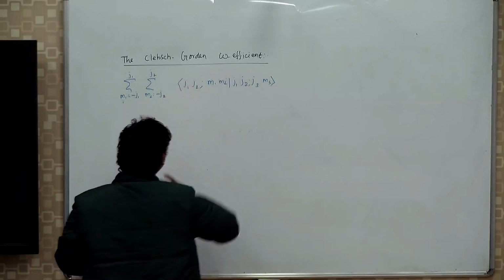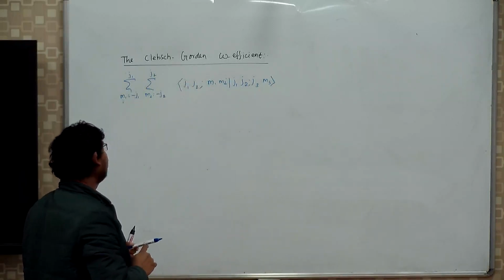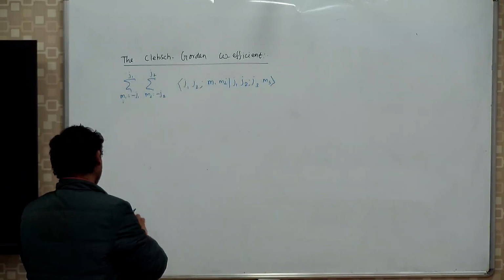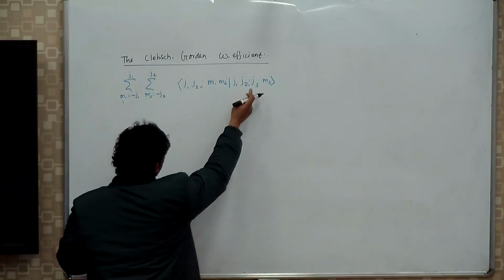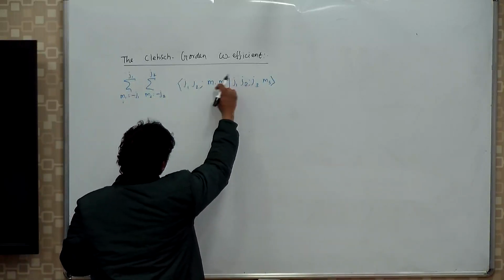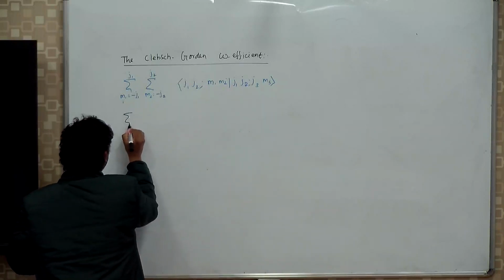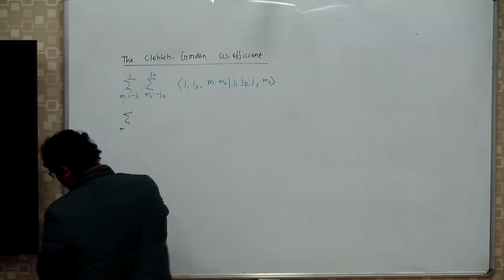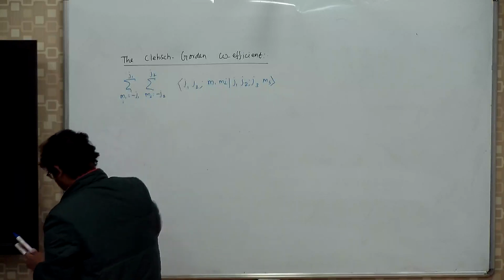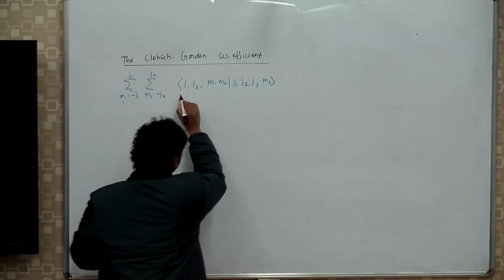The entries of this matrix are real numbers. If that is the case, then instead of the ket and bracket, we can interchange in this way. There is no harm, only I am writing this term. This one can be interchanged.